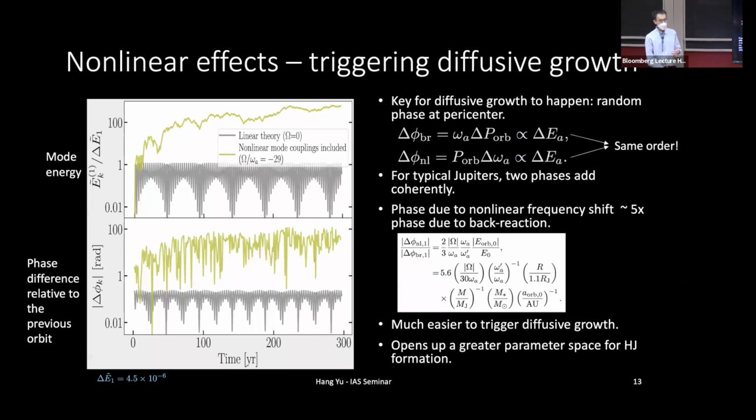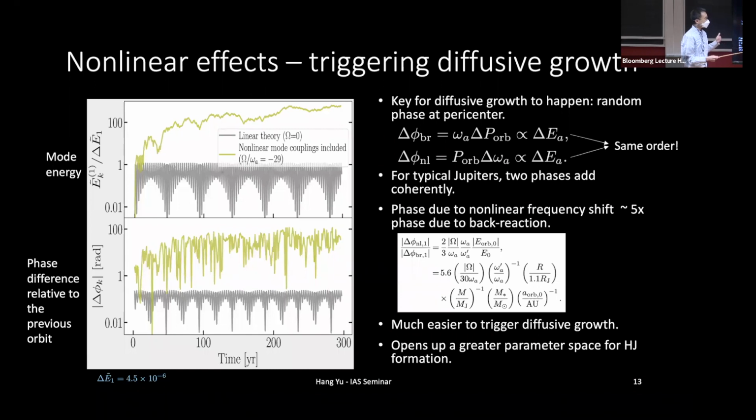One immediate consequence of this nonlinear interaction is that it provides a new channel to trigger the diffusive growth. Recall that the key for diffusive tide to happen is that the F mode at each pericenter passage needs to have a random phase. Under the linear theory, this is achieved by tidal back reaction on the orbital period, which perturbs the orbital period.